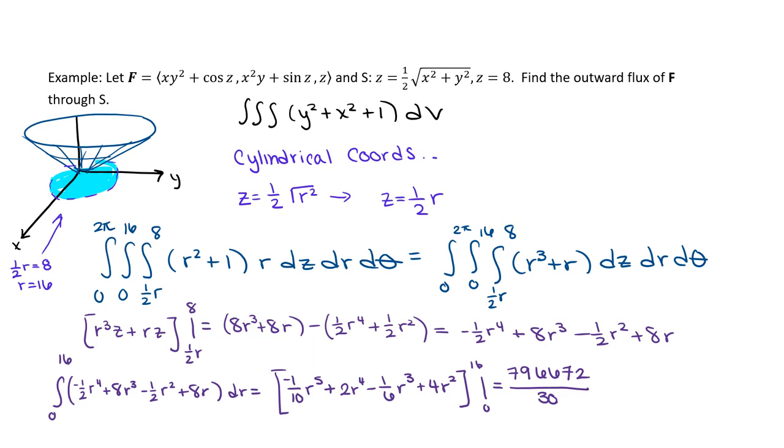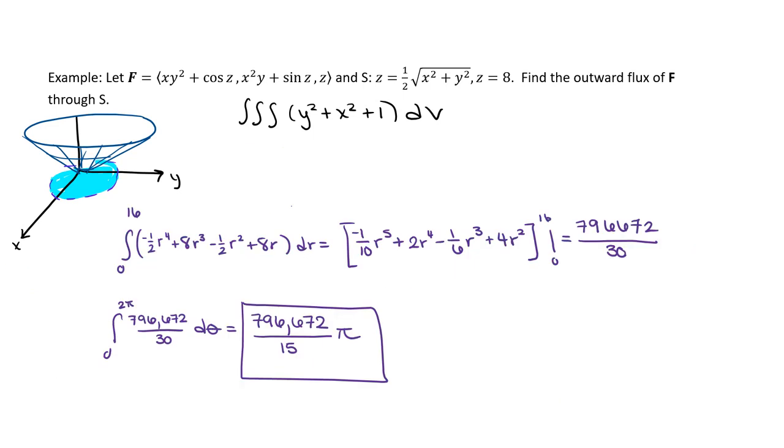And then I definitely used a calculator to plug in those bounds of integration. I had to go ahead and plug 16 in for those r's. I put it into my calculator. Hopefully didn't press any incorrect buttons. Got that kind of big, ugly number on the screen. What is that?